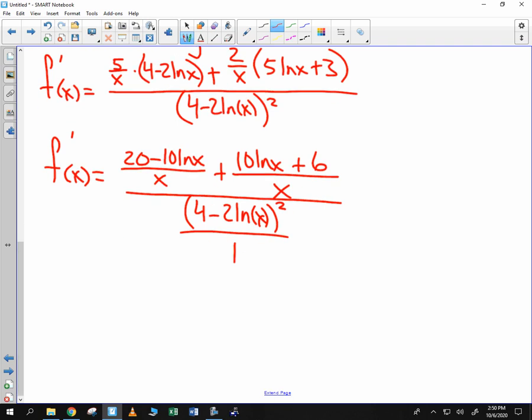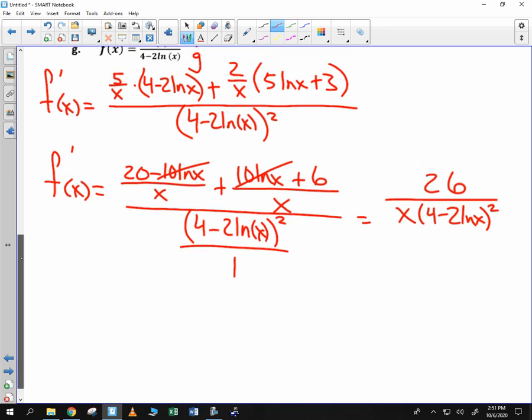As you notice in this situation, the negative 10 natural log of x and the positive 10 natural log of x do cancel. 20 plus 6 is 26. The denominator is x, and when you multiply by the reciprocal, you get 4 minus 2 natural log of x quantity squared in the denominator as well. And that is your derivative.